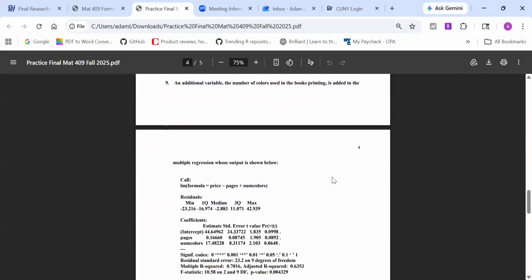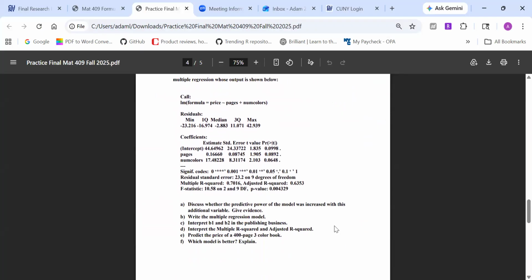And question 9, we're just adding an additional variable, which is the number of colors used in the book printing. And we come up with this model here.